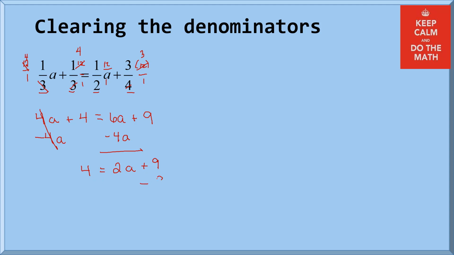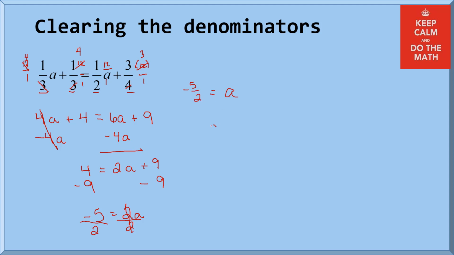So now I'm going to move my numbers over to the left, so I have my variable isolated. 4 minus 9 is -5, which is equal to 2a. Divide both sides by 2, because again, you're dividing by the number in front of a, because we want this to become 1a. So now I have a is equal to -5/2.